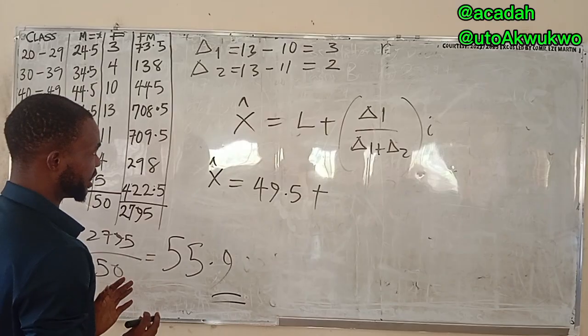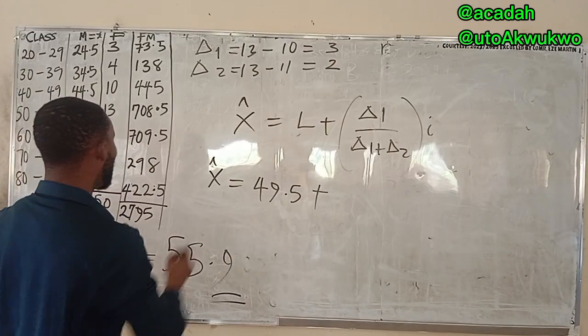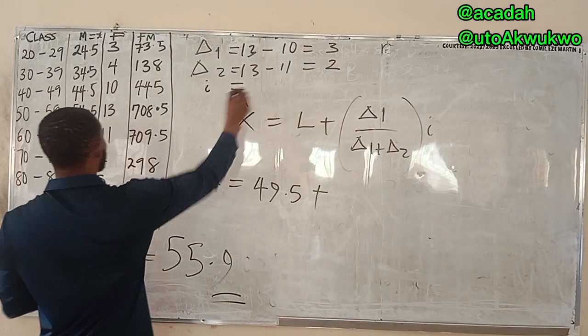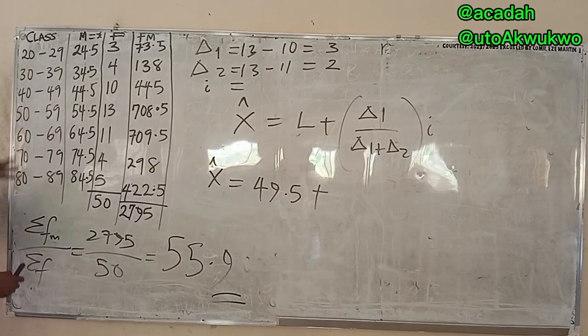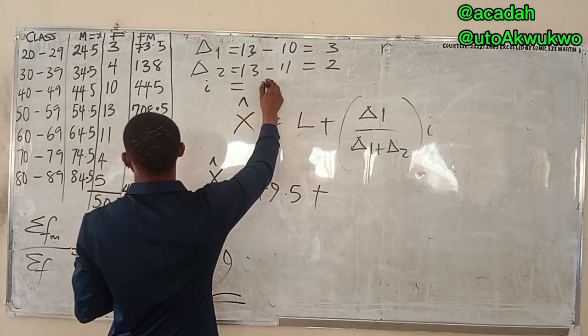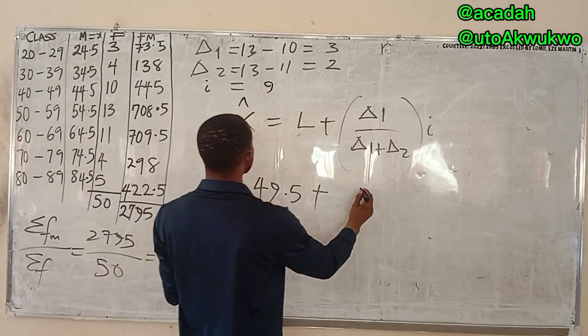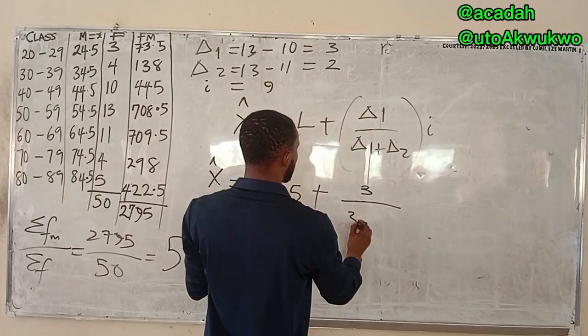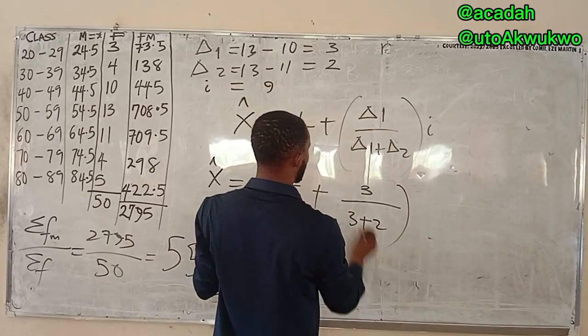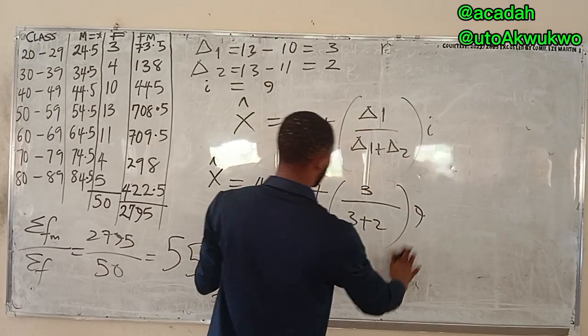Now for the class interval, the difference between successive upper class boundaries: 49 minus 39, which is 10. So this is going to be plus 3 over 3 plus 2 multiplied by 10.